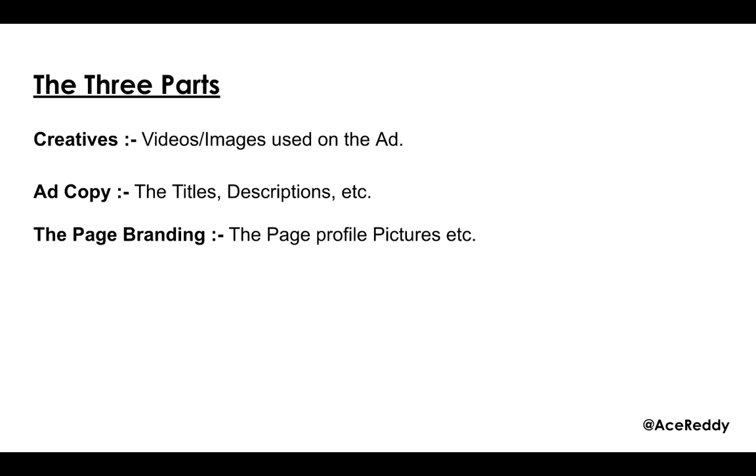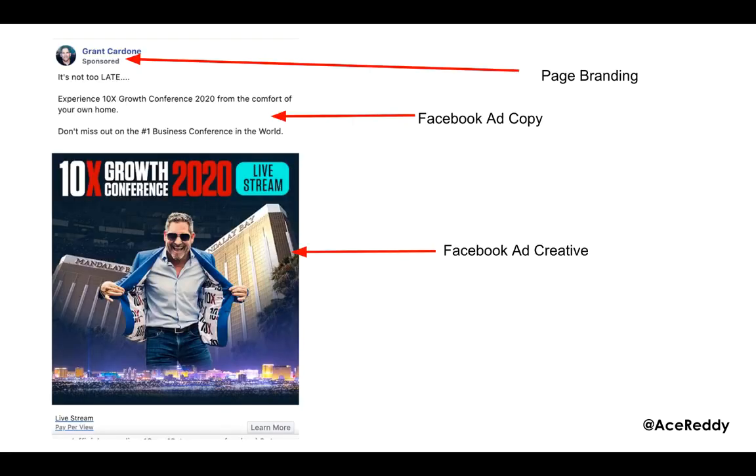You want to see the picture and the name of the person that posted it. This is a very important part that I feel a lot of marketers neglect, and it's important to consider. For example, look at this Grant Cardone ad for 10x GrowthCon 2020.